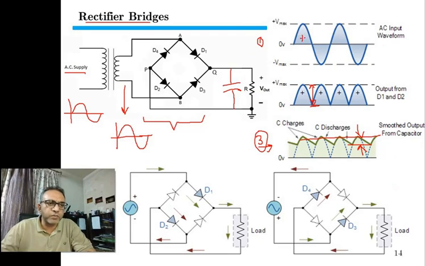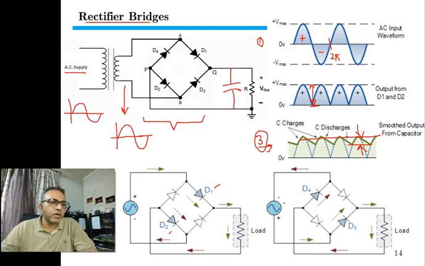We call this the positive half of the sine wave, and this is the second half of the sine wave. So one half, second half brings us to 2 pi, and one cycle is complete. For each half, we will have a pair of diodes conducting. For the positive half, D1 and D2 will conduct, and for the negative half, D3 and D4 will conduct.